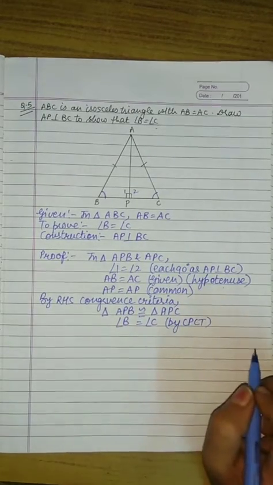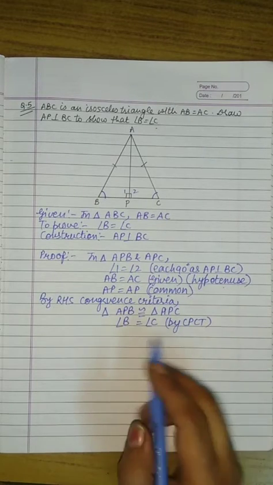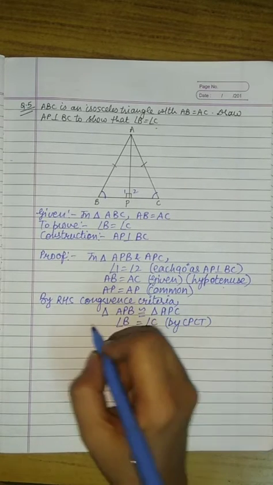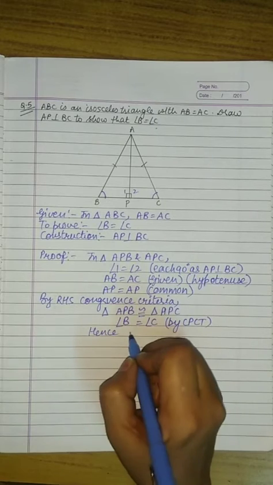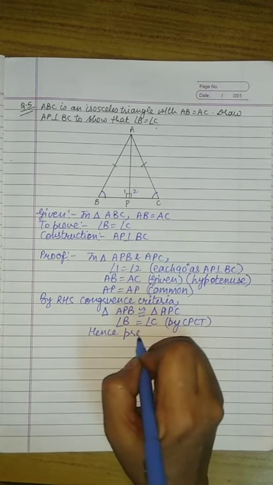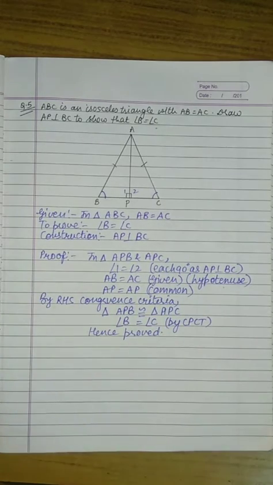So by CPCT, angle B is equal to angle C. So hence proved that angle B is equal to angle C in triangle APB and triangle APC. With this, question number 5 is completed and exercise 7.3 is also completed.